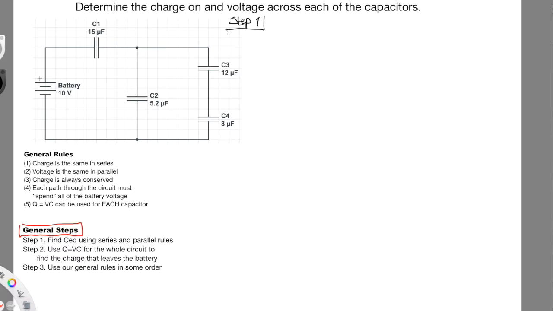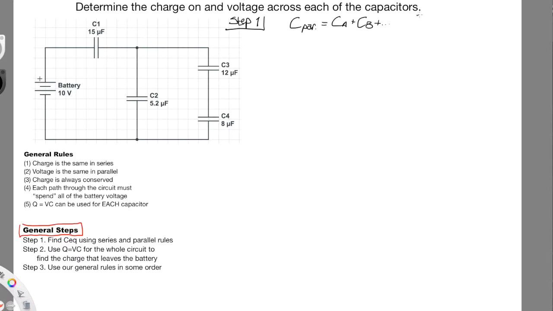So to find the equivalent capacitance, first we need to find two capacitors that are either in parallel, and our C parallel equation would be CA plus CB. Actually, let's call these CA and CB so as to not confuse them with our 1 and 2 over in the diagram.